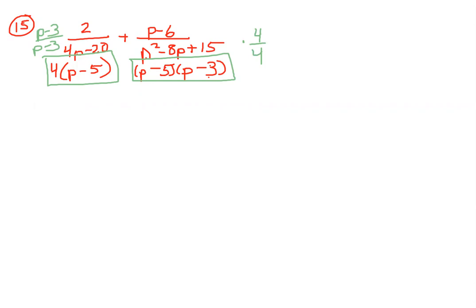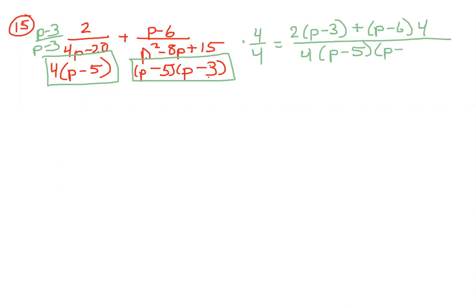So this ends up with 2 times (p minus 3) plus (p minus 6) times 4, over 4 times (p minus 5) times (p minus 3). Simplifying the numerator, we're going to distribute the 2, so we get 2p minus 6, and we're going to distribute the 4, so we get 4p minus 24 over this big denominator.